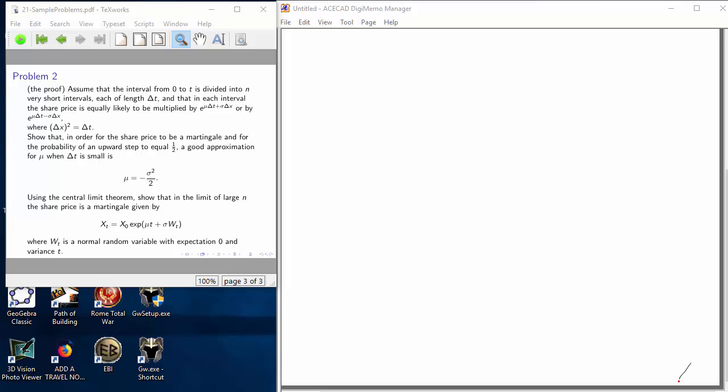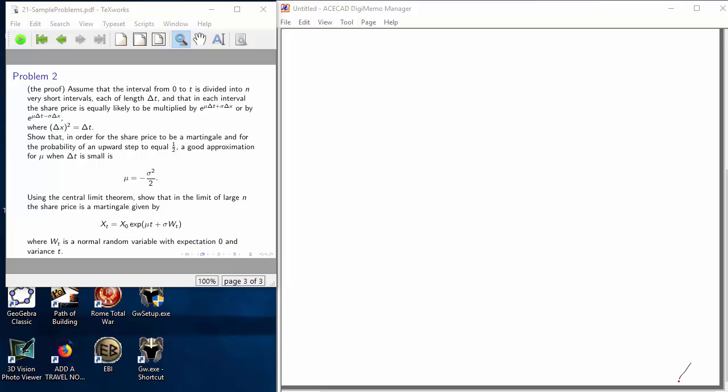And then I'm going to assume in each interval the share price gets multiplied by 2 factors. One by a factor of e to the mu delta t, no matter what, and also by a factor that equals e to the sigma delta x if the share price goes up, or e to the minus sigma delta x where the share price goes down, where I cunningly choose delta x squared equal to delta t.